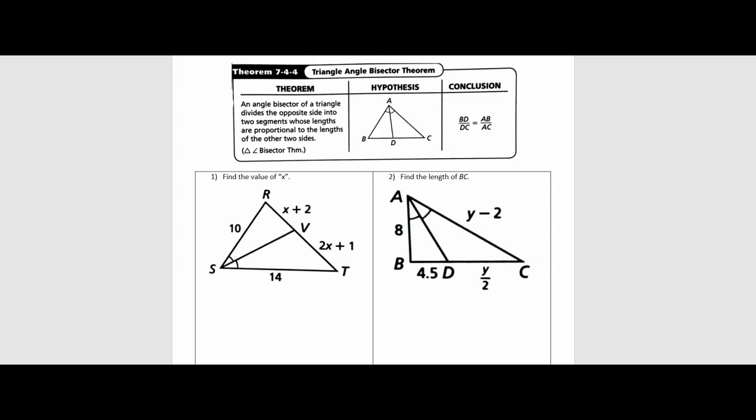And again, we are going to apply this down below. I do want to show you that this can be written in a couple of different ways. So let's say I cross multiply here, and I get BD times AC is equal to AB times DC. And let's say I divide both sides by AB times AC.